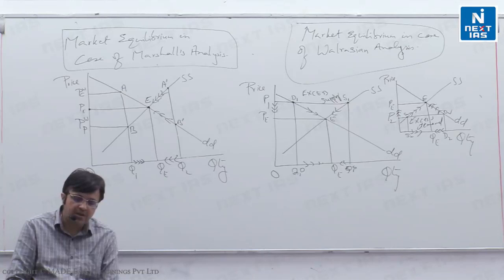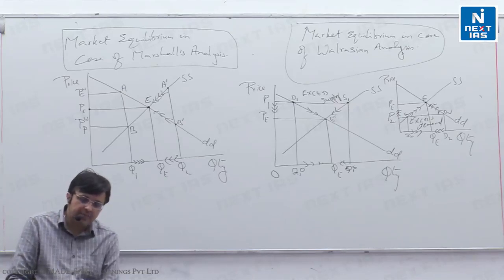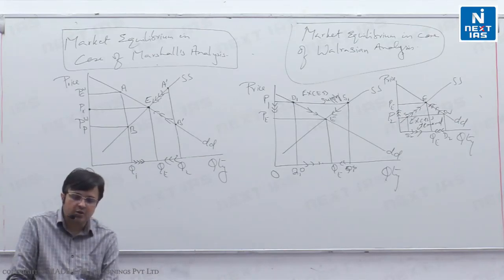Price reaches PE where demand matches supply, that is, excess supply is zero, and the market has equilibrium.